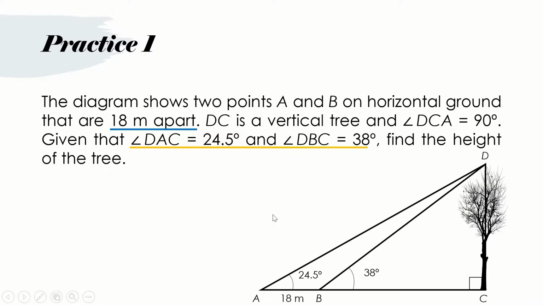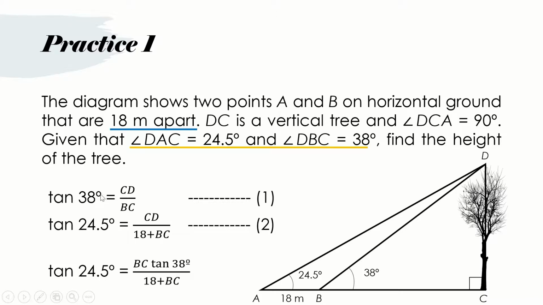These are the keywords you've got to take note of, the distance and the angle. So tangent 38 will be equal to CD out of BC. And tangent 24.5 degrees will be equal to CD out of 18 plus BC.